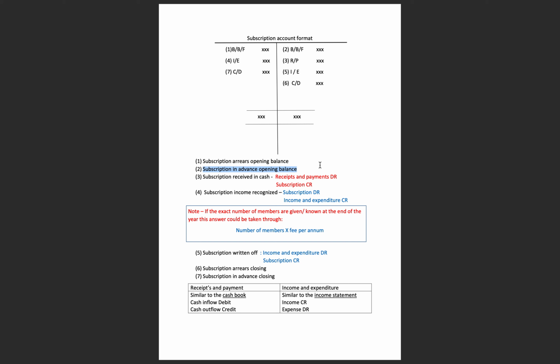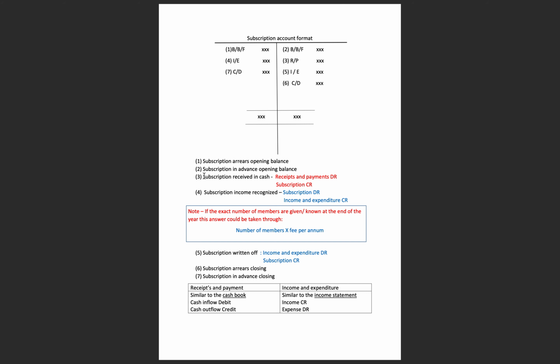In accounting, all opening liabilities have an opening balance on the credit side. That's why you see a brought forward on this side as well. The first brought forward is subscription receivable. It is an asset, therefore it comes on the debit side. The second brought forward is subscription received in advance. This is where members have paid you early. It's a liability, therefore it comes on the credit side.